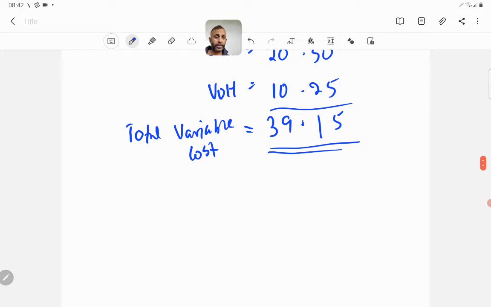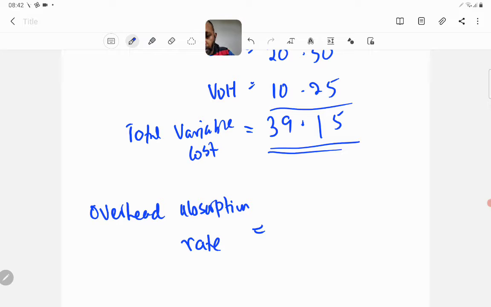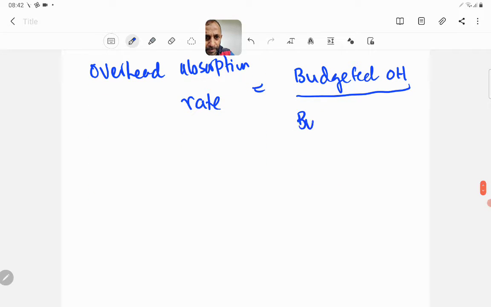Now, under absorption costing, in addition to variable cost, we also need to figure out the overhead absorption rate. Overhead absorption rate is calculated based on budgeted overheads divided by budgeted activity.